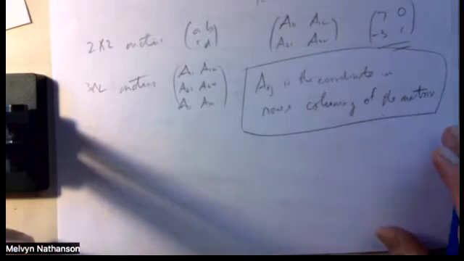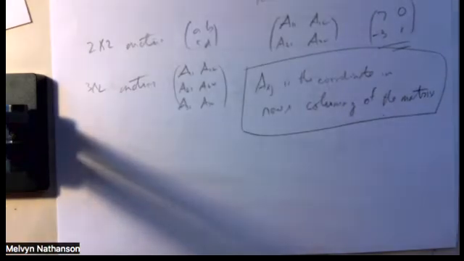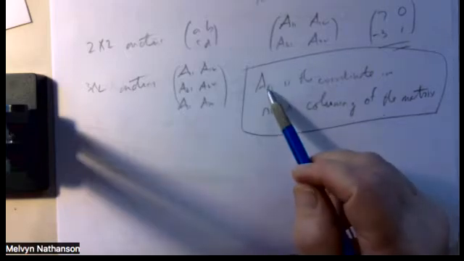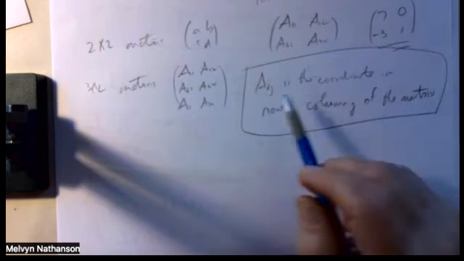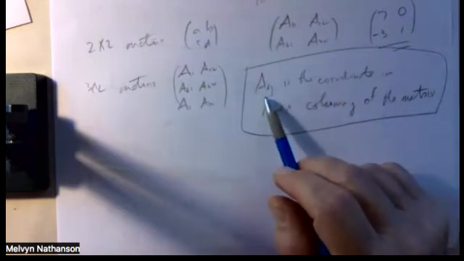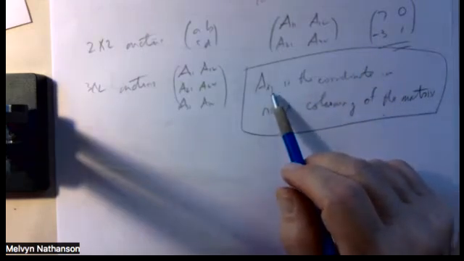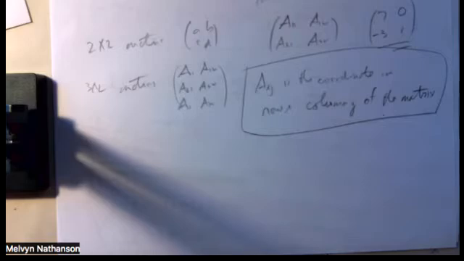So this is the notation which is used consistently all through mathematics. If you have a matrix with m rows and n columns, the first coordinate in Aij, the i, tells you the row. So i can go from 1 to m. And the second coordinate, j, tells you the column. So that can go from 1 to n.